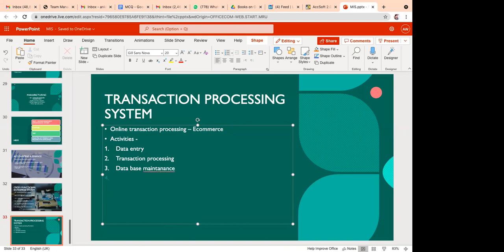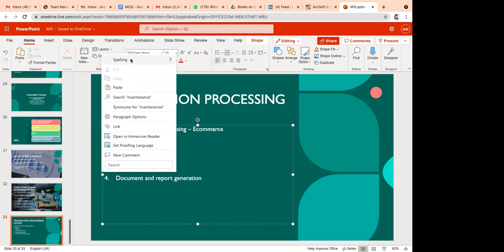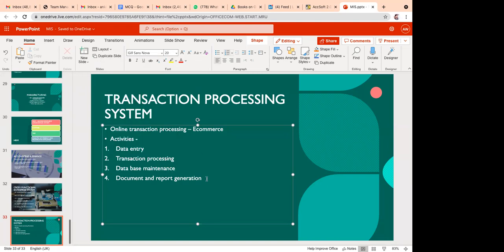The next important point is document and report generation. The fifth important point which comes under TPS is inquiry processing.